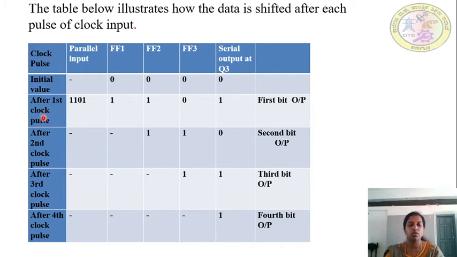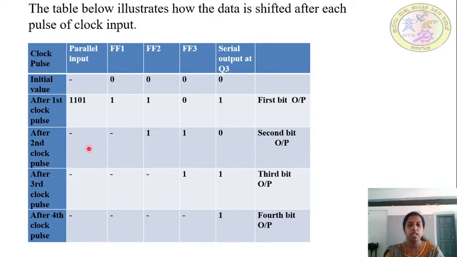After the first clock pulse, parallel input is applied and the data is loaded in parallel. So that is 1, 1, 0, 1. At FF1 1, FF2 1, FF3 1 and the serial output at Q3 is 1. That is the first bit of output.